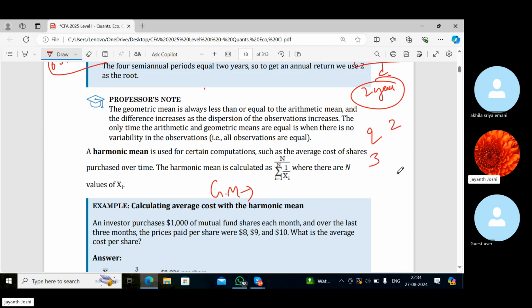So 2 years has how many quarters? 1 year has 4 quarters, so 2 years has 8 quarters. For the geometric mean, you take 8 as n. If you're calculating annual returns, you still take 2, because 2 years.